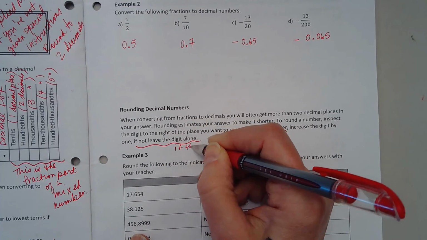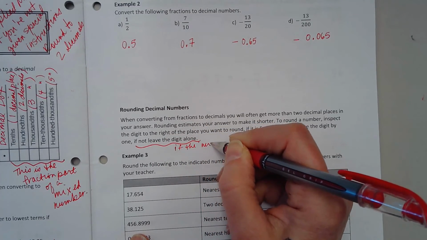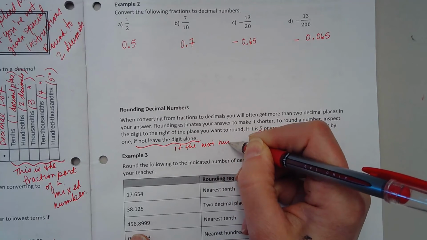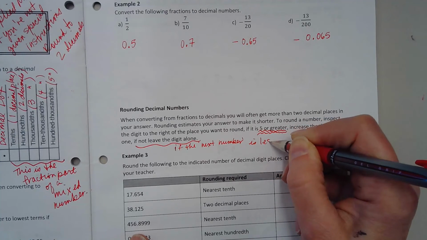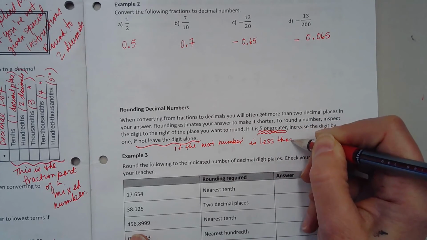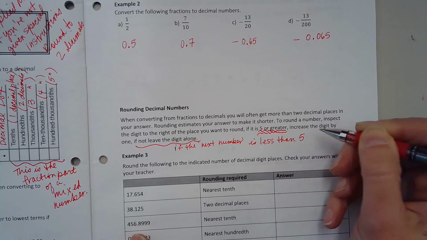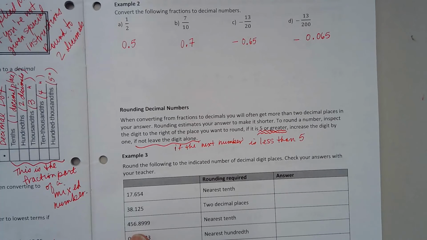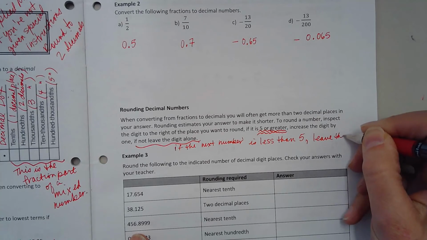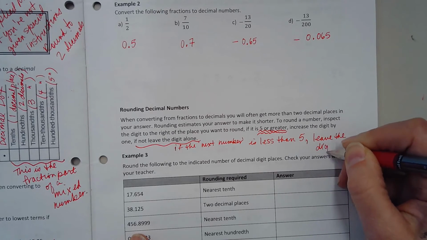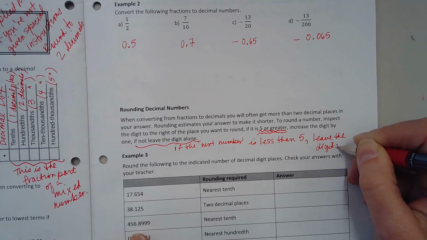If the next number is less than 5, so that means it's got to be the digit 0, 1, 2, 3, or 4, leave the digit alone. That's what they're trying to say here. All right, so this is how we round.